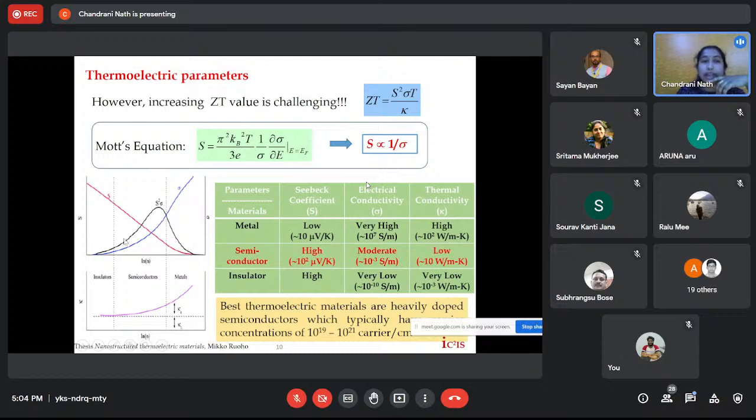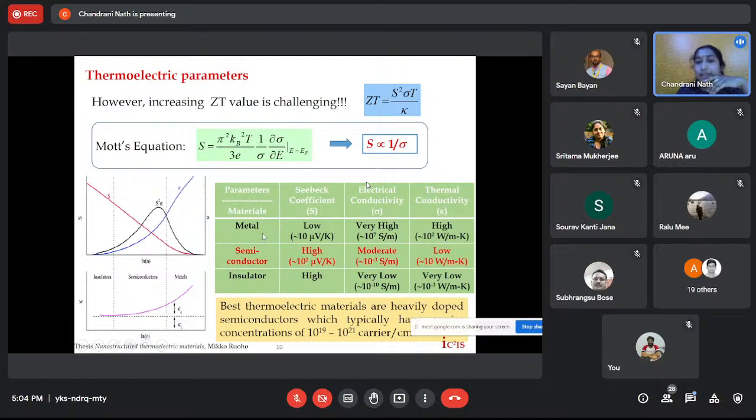So we should tune our material in such a way that we have a maximum value of the power factor, that is S square sigma, which comes somewhere in between in the carrier concentration. As we know, we have mainly three types of materials: metal, semiconductor, and insulator. This table shows how the different parameters have different values for these three main materials.